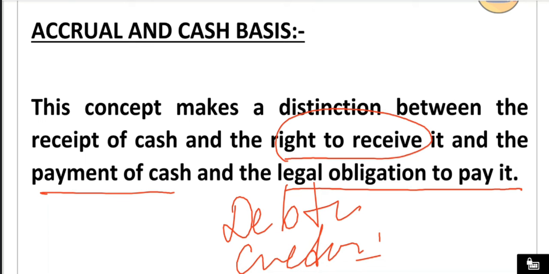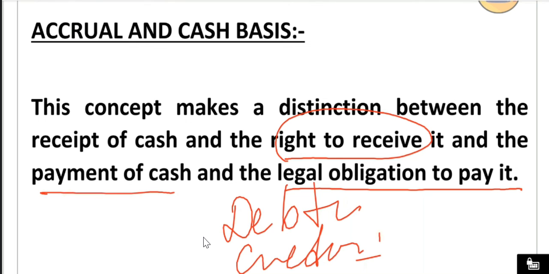I'll take one example here. Let us suppose you have purchased something on credit. That means in future you have to pay, so you become the debtor. Similarly, you have sold something and your buyer has said, after one month I am going to pay, so he becomes the creditor.